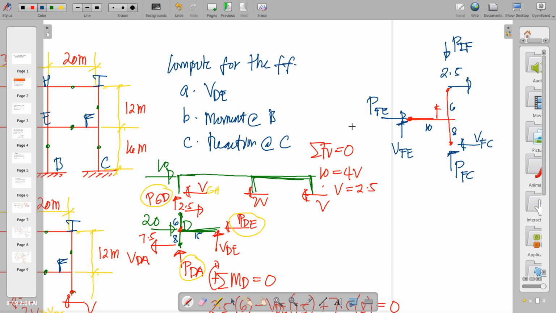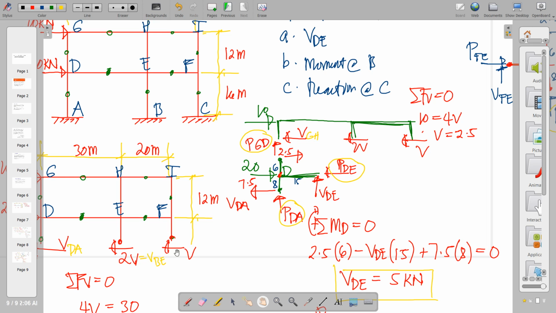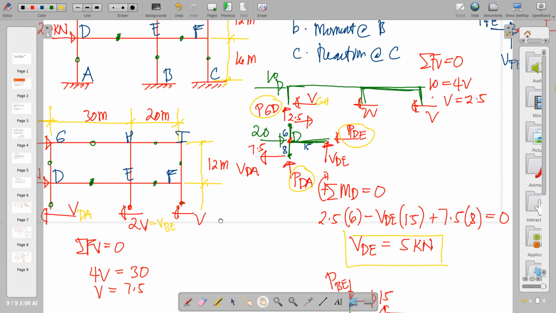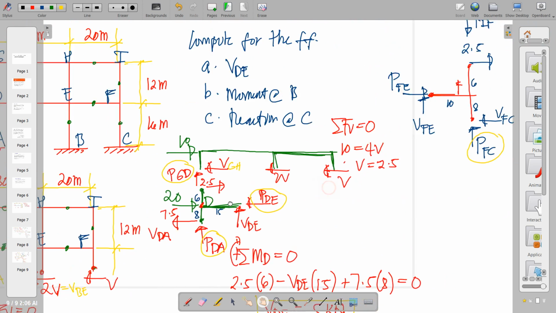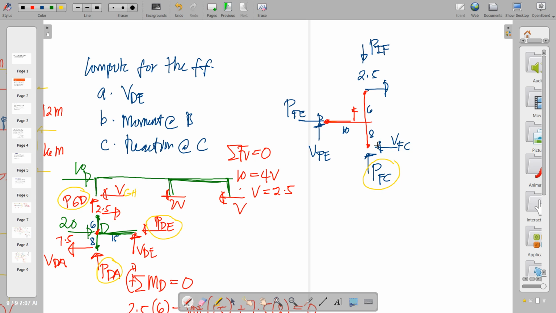So how shall we deal with this? We are actually after this one. Do we know this? VFC. I think that was computed a while ago. This one. The shear is 7.5. So we can actually place it here, 7.5.